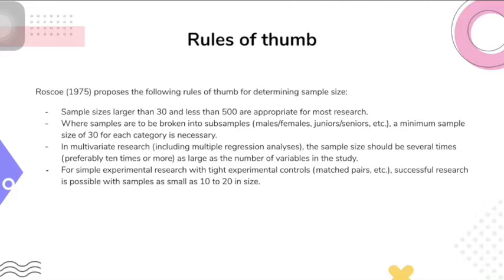The third one is multivariate research, including multiple regression analysis. The sample size should be several times, preferably 10 times or more, as large as the number of variables in the study. The fourth one is for simple experimental research with tight experimental control. A successful research is possible with samples as small as 10 to 20 in size.